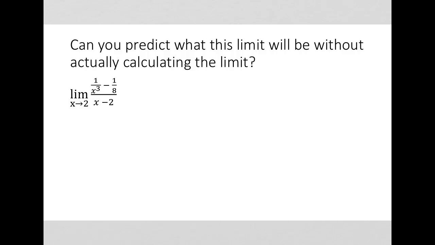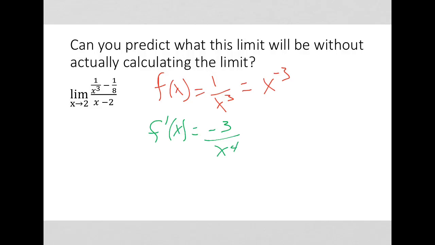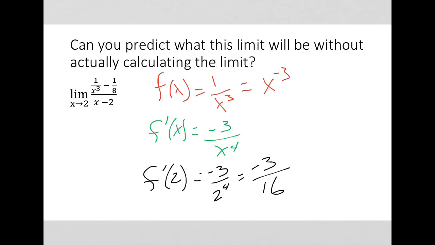So from now on, when we see these limit problems, we can identify the function, which in this case is going to be f of x equals 1 over x cubed, which I'm going to write again as x to the negative third. We can take the derivative of that function, f prime of x, using the power rule, so we can get negative 3 over x to the fourth. And then we can plug in our c value to the derivative and get f prime of 2 equals negative 3 over 2 to the fourth equals negative 3 over 16.